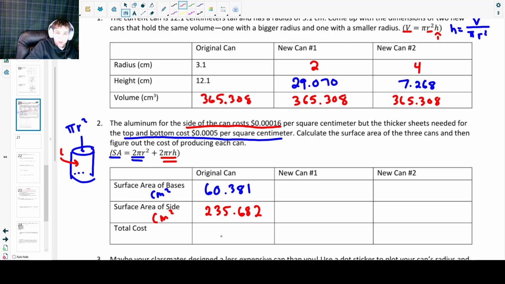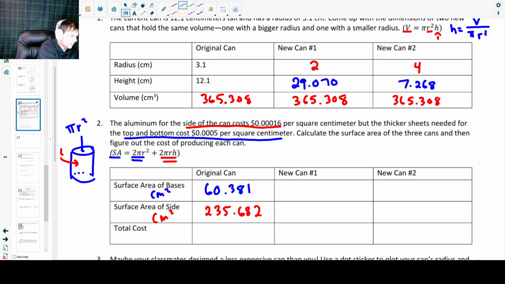So total cost, right? We would need to multiply the surface area of the bases times the cost for making the bases, and then multiply the surface area of the sides, the lateral surface area, times the cost of doing the sides there. So I'm going to go ahead and do that. So it's cost, which is 0.00016.